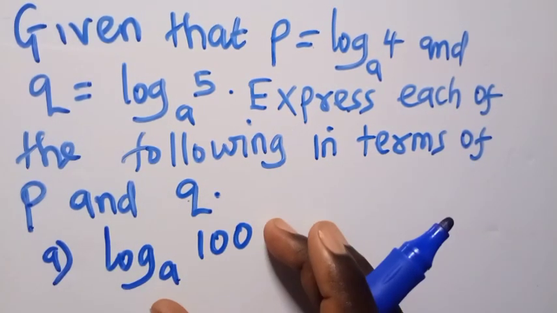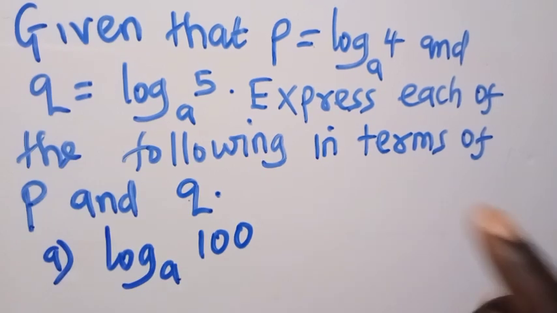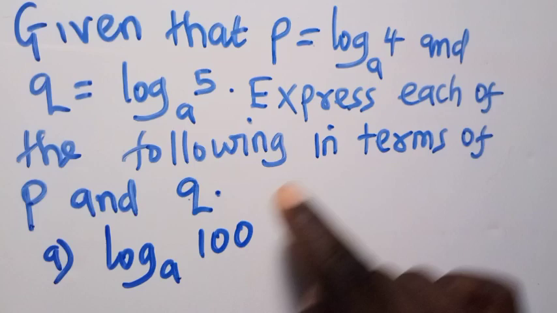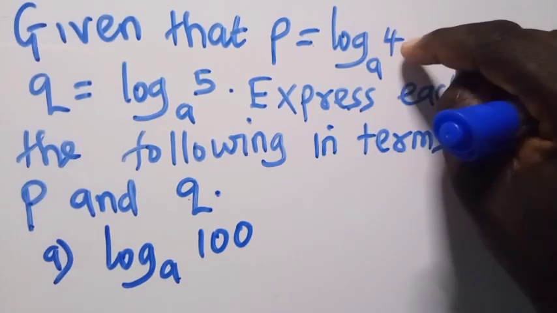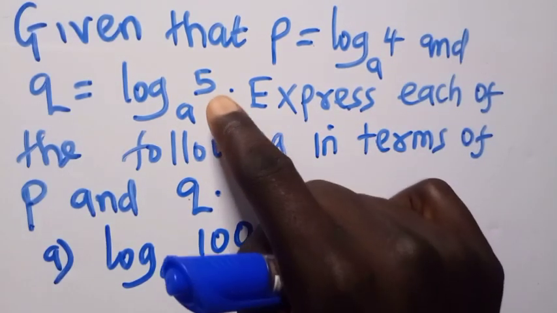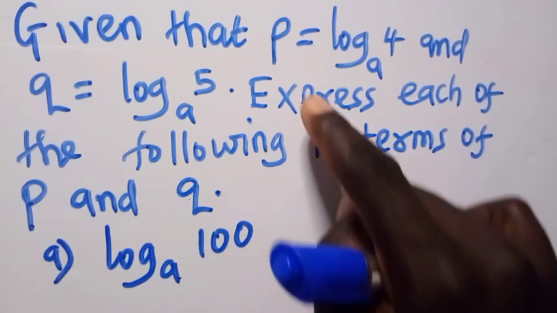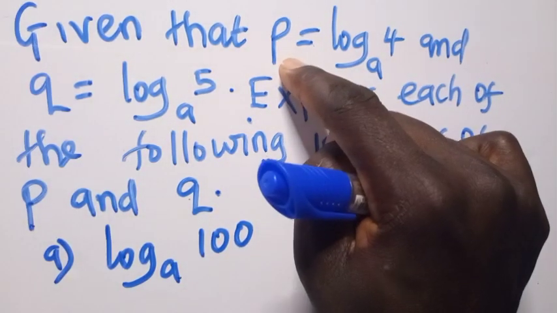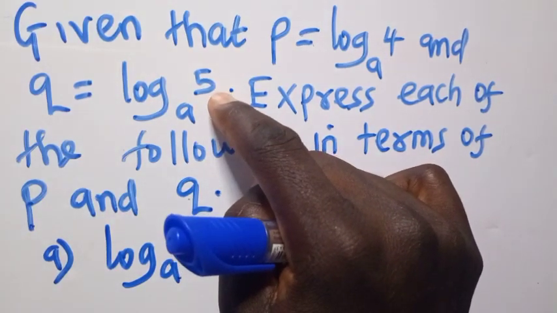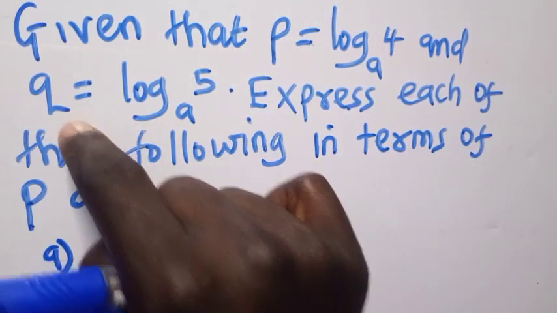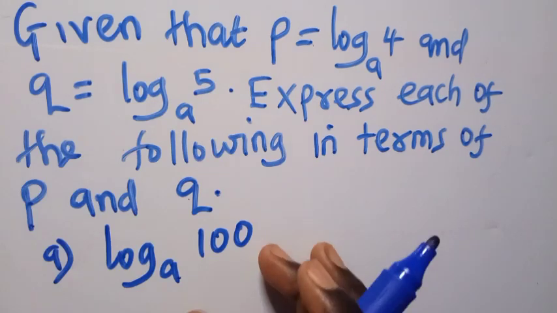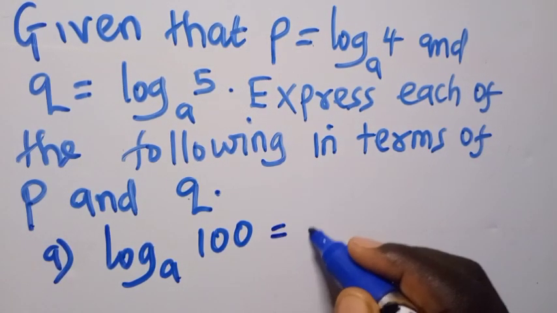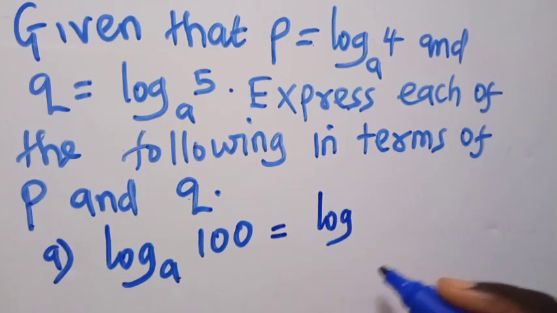What we need to do is first express the logarithm of 100 to base a in terms of the logarithm of either 4 or 5, so that we substitute the logarithm of 4 to base a with p and the logarithm of 5 to base a with q.